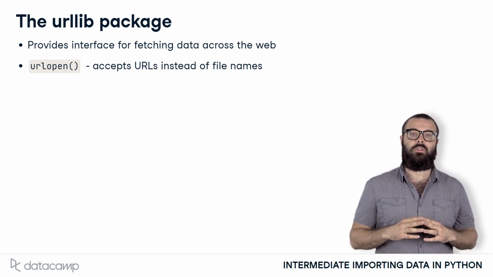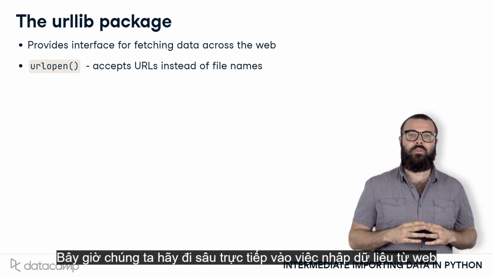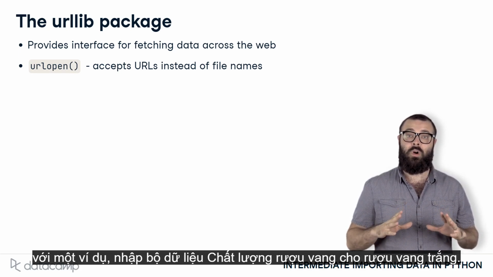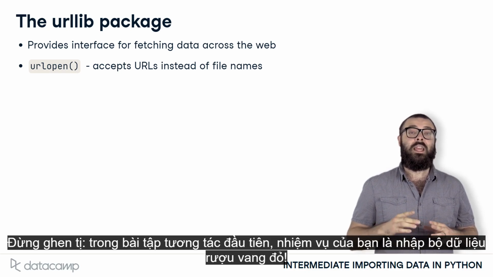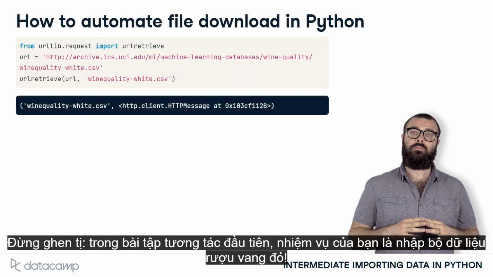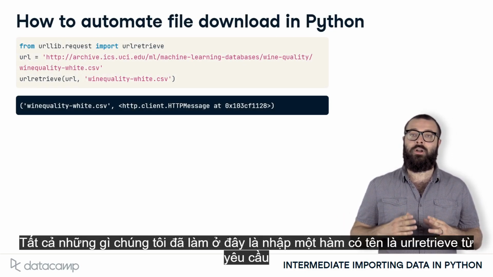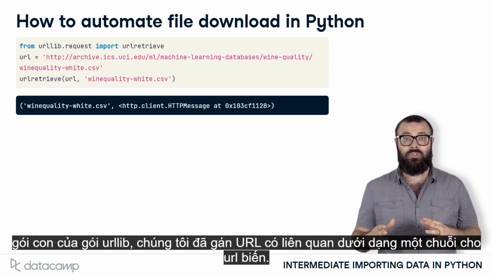of file names. Let's now dive directly into importing data from the web with an example, importing the wine quality dataset for white wine. Don't get jealous. In the first interactive exercise, it will be your job to import the red wine dataset. All we have done here is imported a function called urlretrieve from the request subpackage of the urllib package.